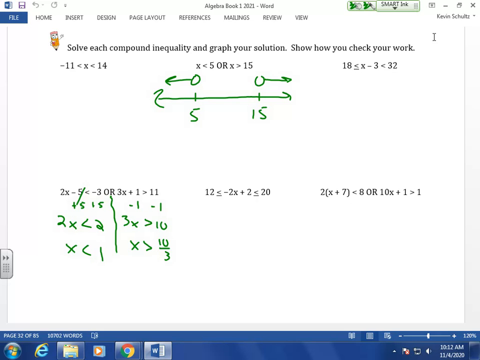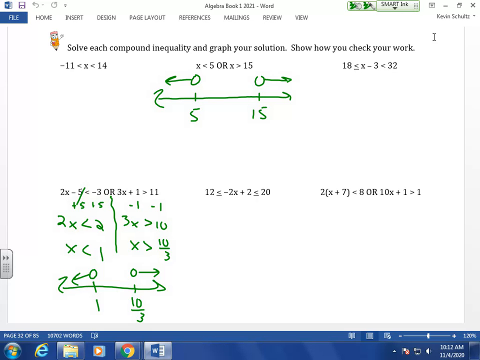Okay? And we're done. We're ready to graph. x is by itself in both of them. We have x is less than 1, so 1 with an open circle going left, or x can be greater than 10/3, open circle going right.